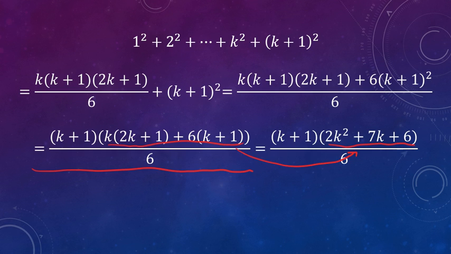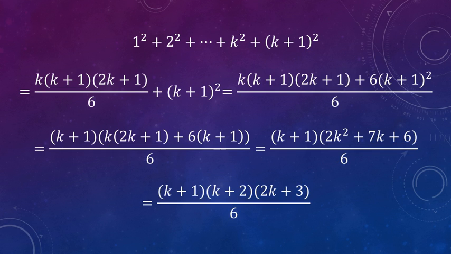And now, if you take a look at 2k squared plus 7k plus 6, that thing breaks down into some nice factors. We can factor that out pretty easily. And what it factors into is just the missing pieces that we needed. The 2k squared plus 7k plus 6 breaks down into k plus 2 times 2k plus 3. So that entire quantity is k plus 1 times k plus 2 times 2k plus 3 all over 6.